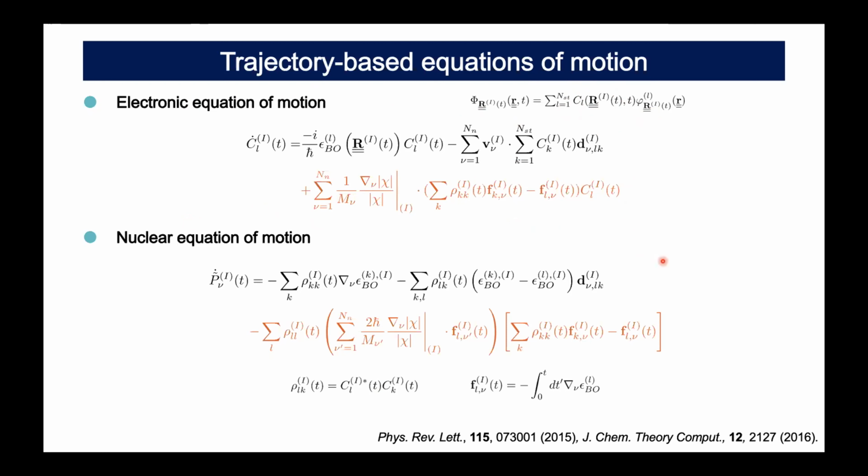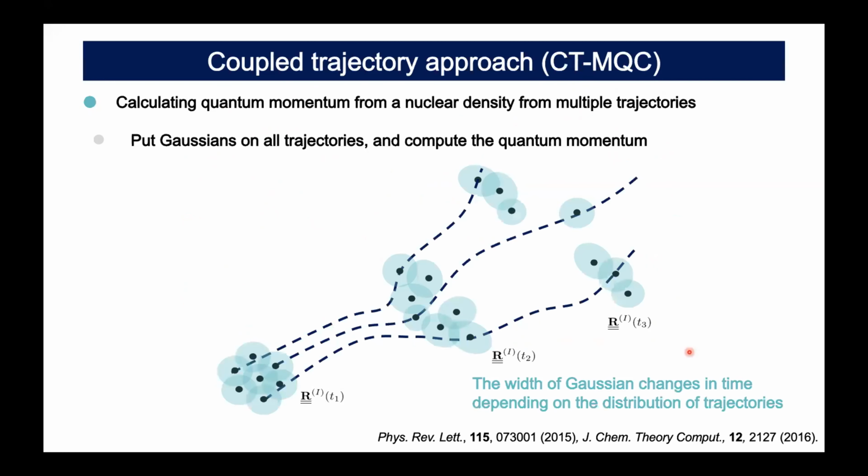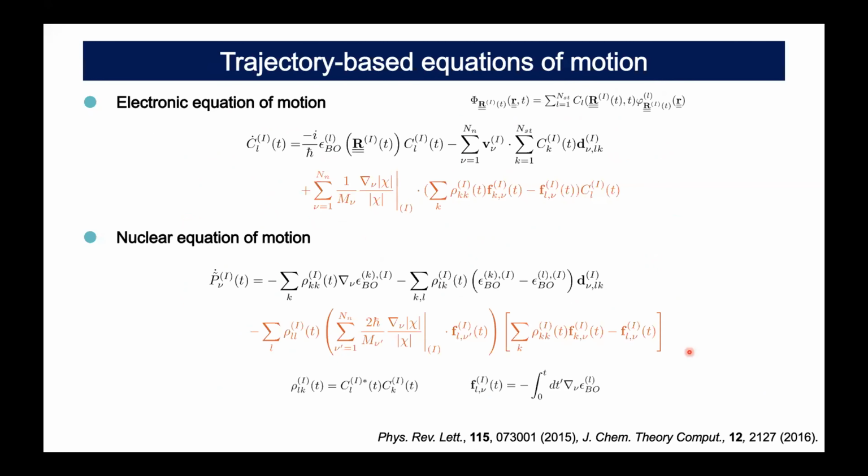At the moment we are interested in molecular systems, so we can calculate the many-body molecular wave functions. We consider the time-dependent dynamics of these coefficients, and we can also calculate the force based on these coefficients. We can simulate these two equations to solve very simple model systems, and it was very successful.